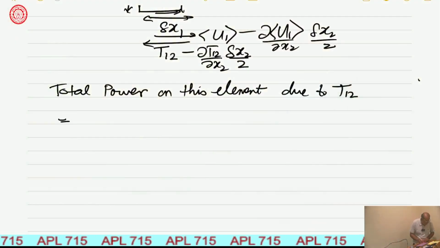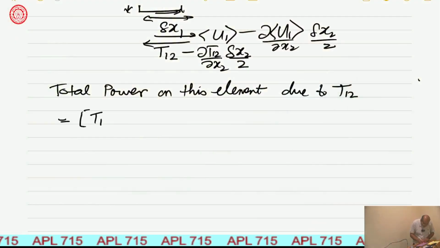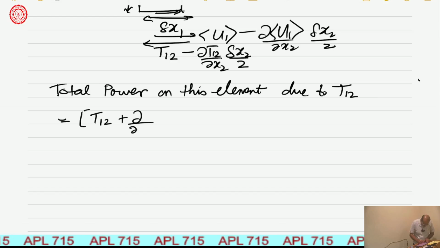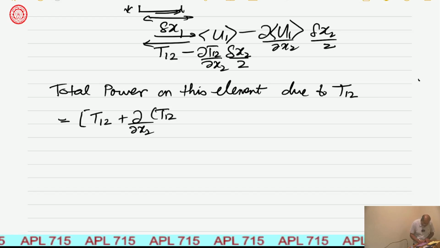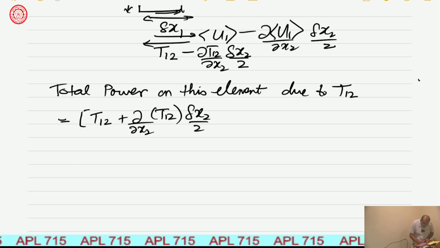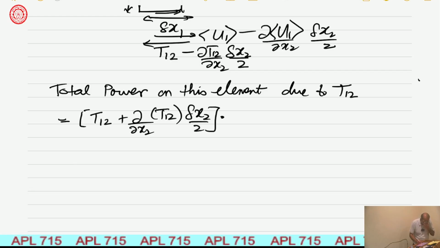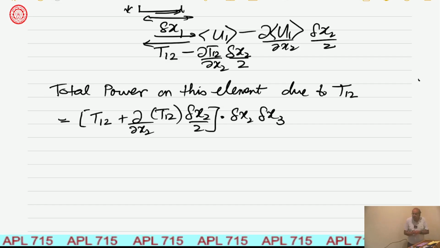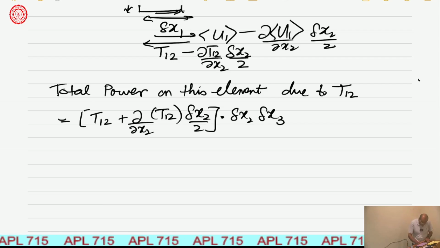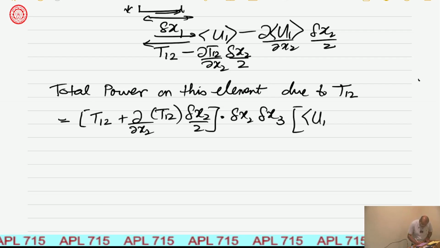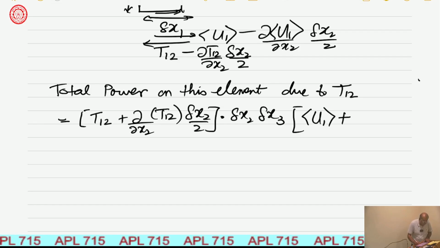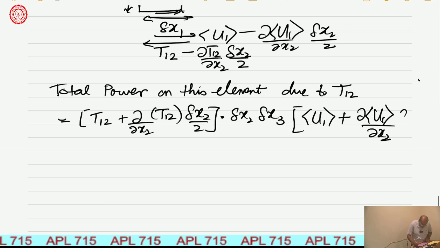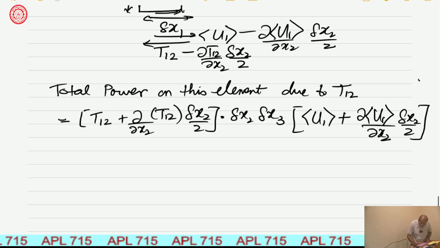So total power will be equal to, let's first write the force on the top face, T12 plus partial by partial x2 of T12 times delta x2 by 2. And this is stress, so I have to multiply it by the area to get the force and multiply by the velocity u1 plus du1 by dx2 times delta x2 by 2.